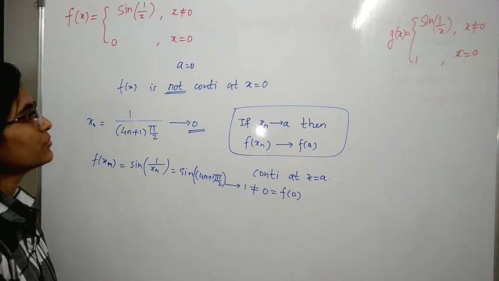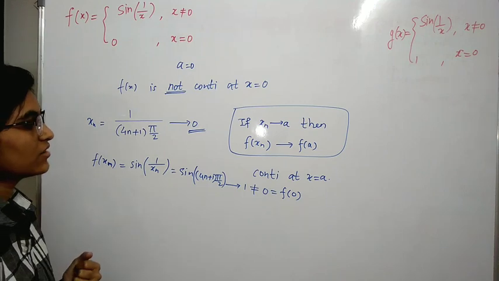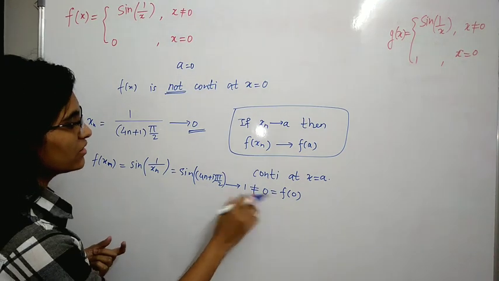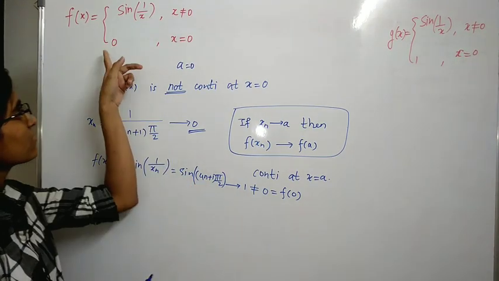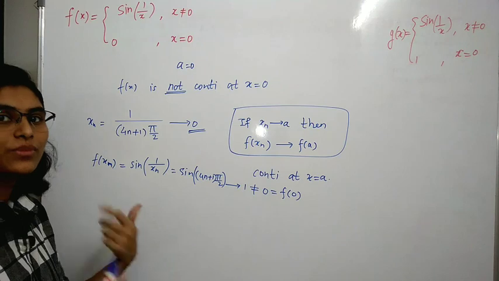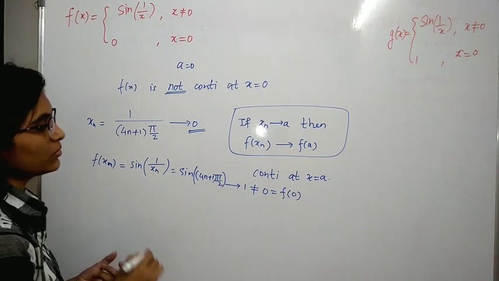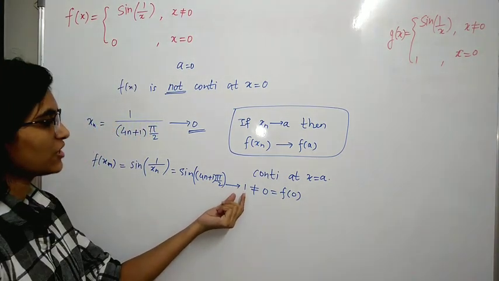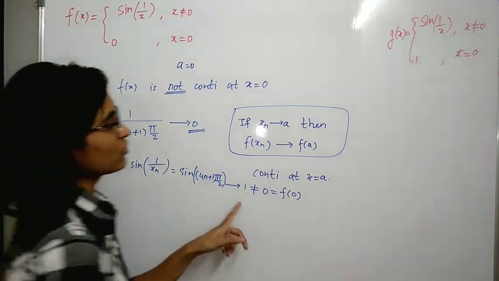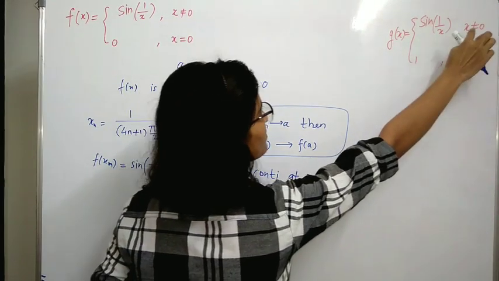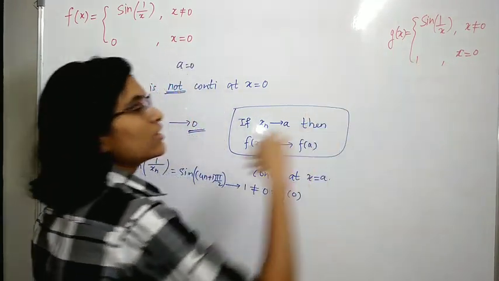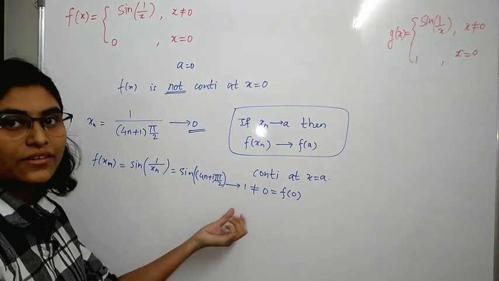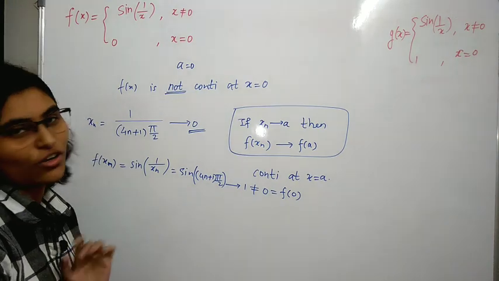Now the natural question arises: what if we put 1 instead of this 0? You might think that if we replace this 0 by 1, then the function becomes continuous. So let us change this 0 to be 1. So we have the function sine 1 by x for x not equal to 0, and for x equal to 0, let us put the function to be 1.